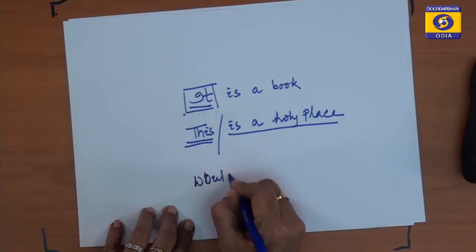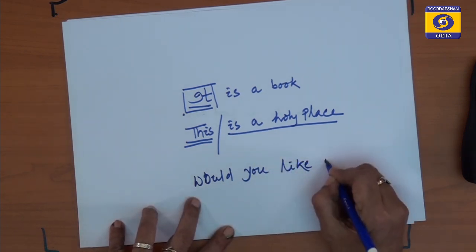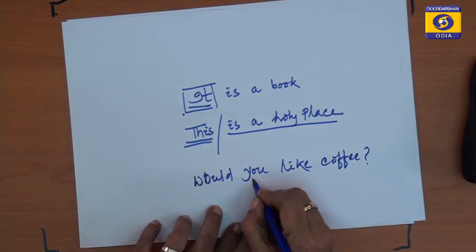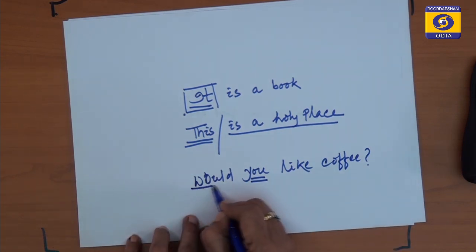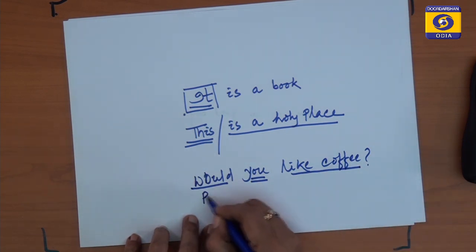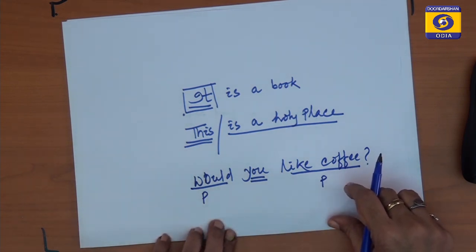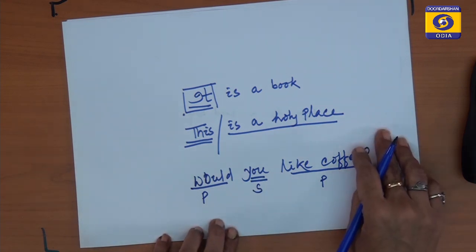Here the subject is you and the predicate is split. Would like coffee comes in the predicate, and the subject is you. Are you clear?